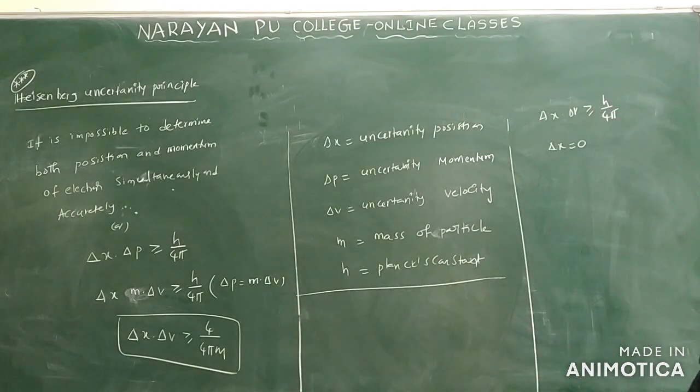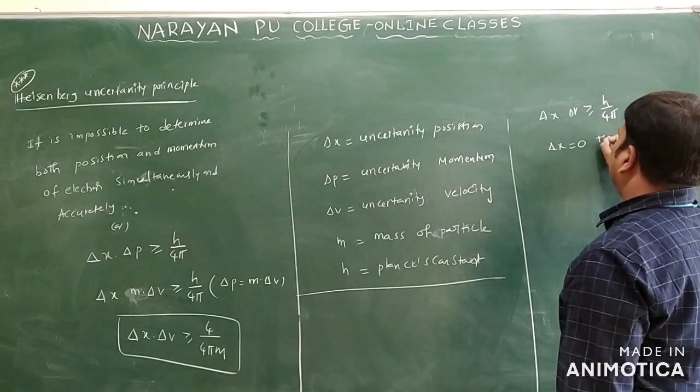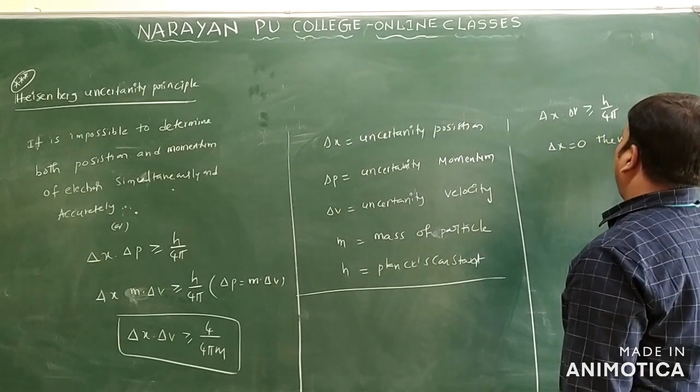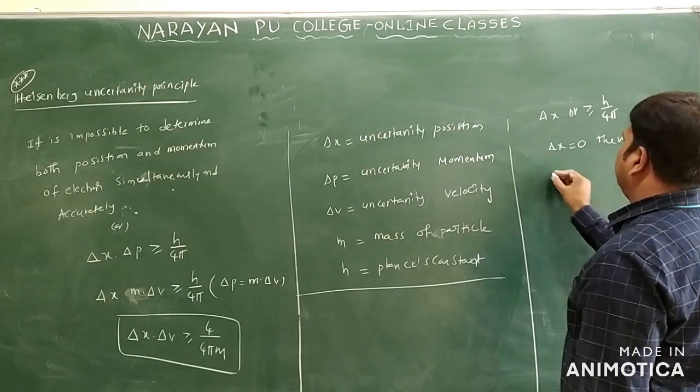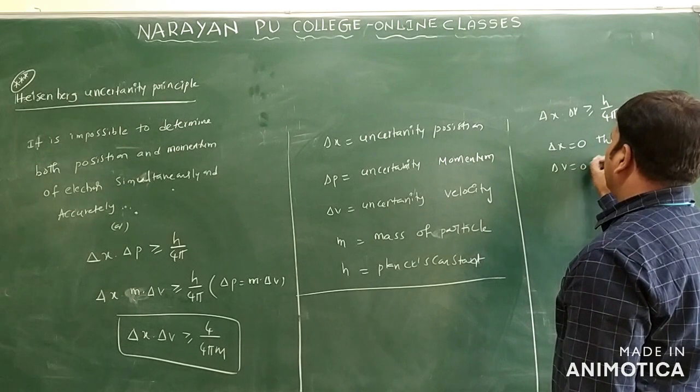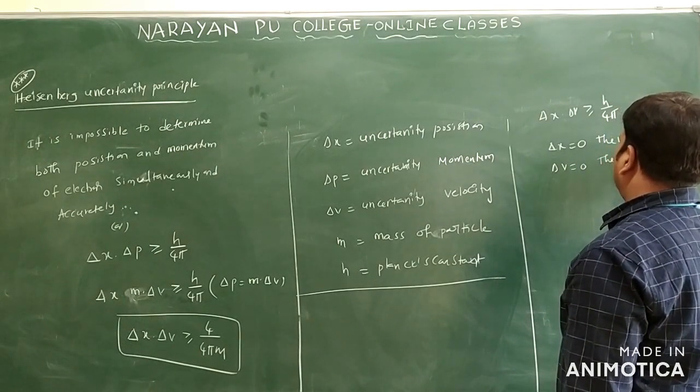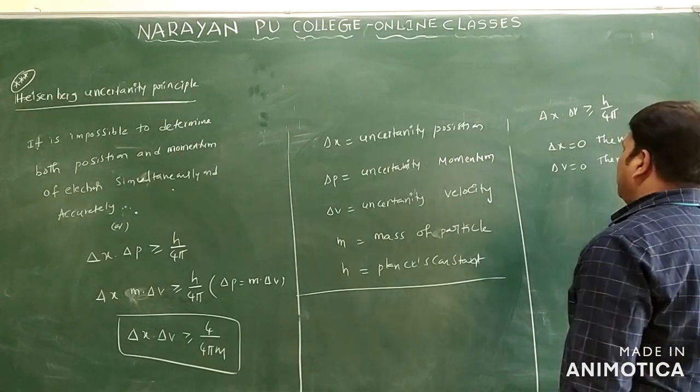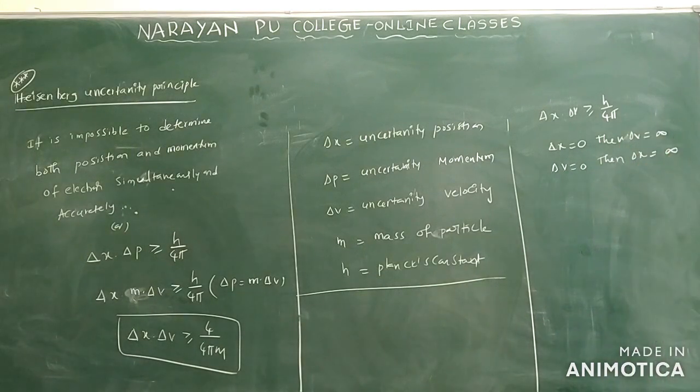If delta x is equal to 0, then delta v becomes infinity. If delta v is equal to 0, then delta x becomes infinity. When you find one with high accuracy, the next one becomes uncertain. This is the uncertainty principle we have.